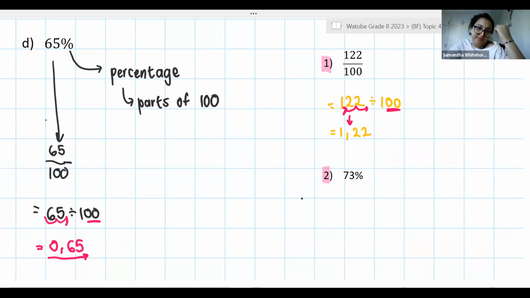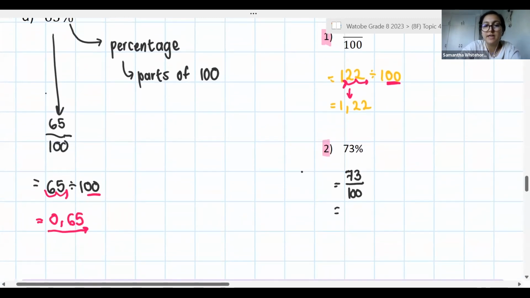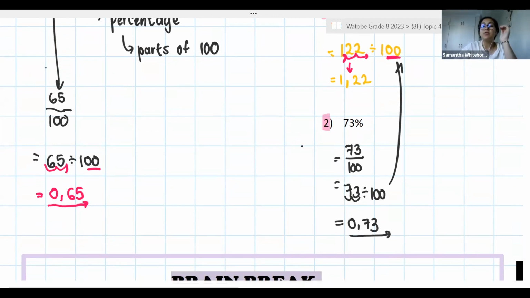Number 2 is 0.73. Excellent. Okay, so guys, this is 73%, so it's 73 over 100, which means that we've got 73 divided by 100. And so much like we did over here, we will take our decimal 2 places to the left, 0.73. Again, remember that you can always double check your answers with a calculator.